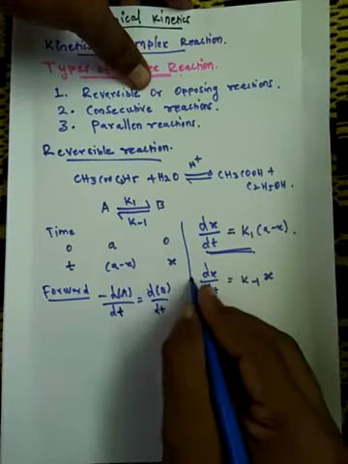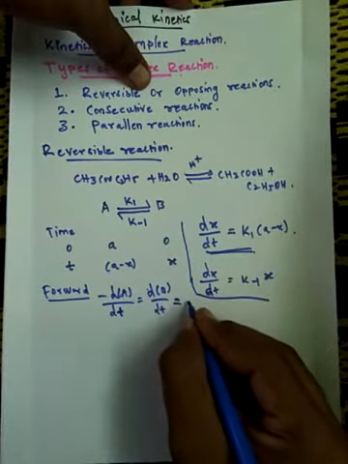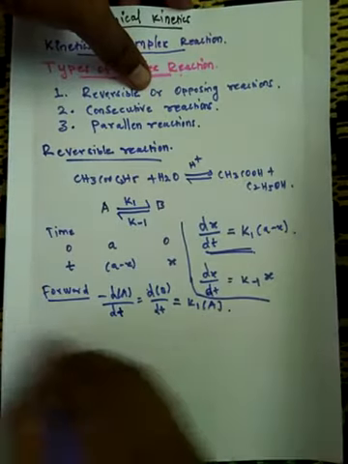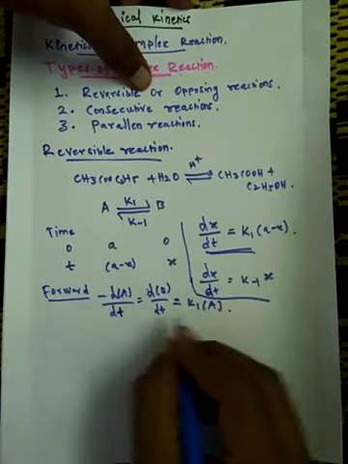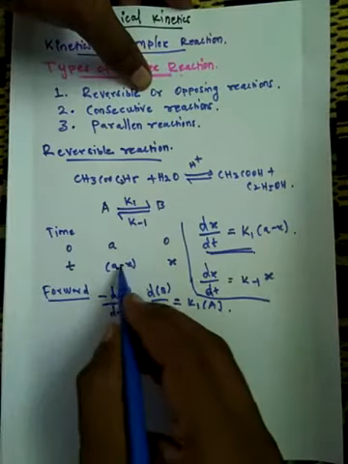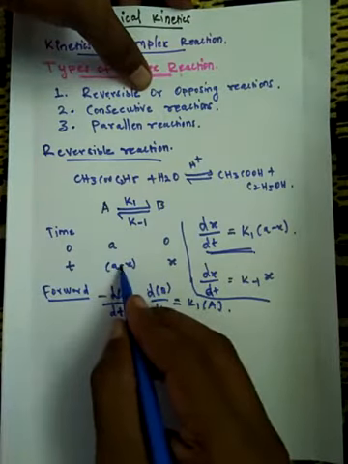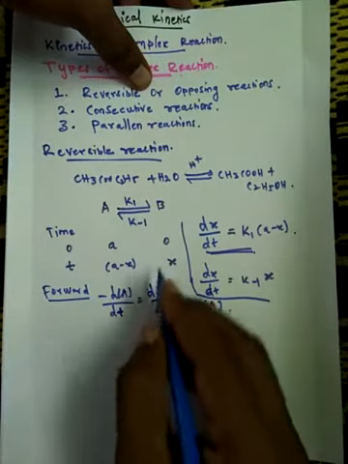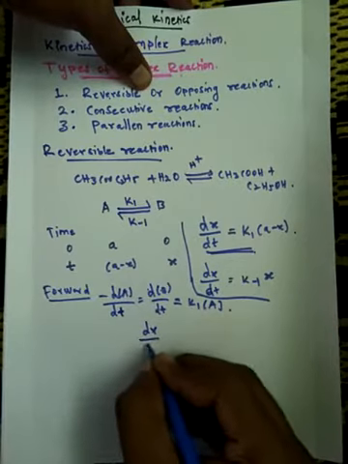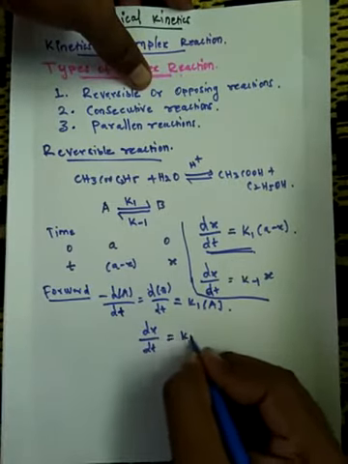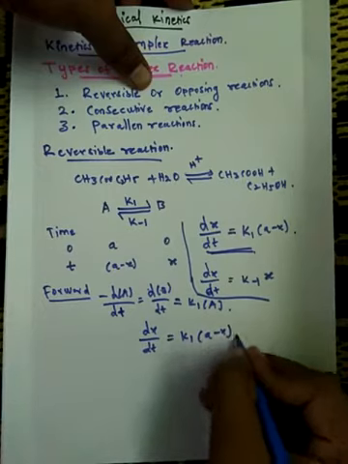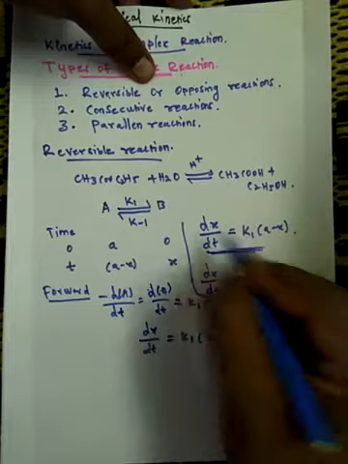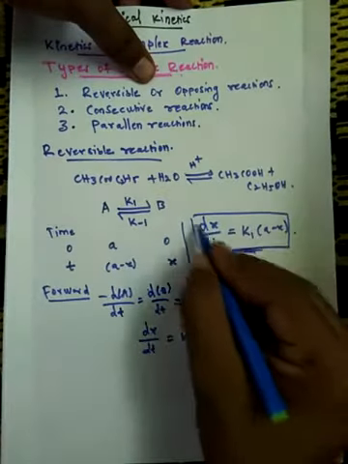This is how we define rate, equal to K1 concentration of A. So at time t, the concentration of unreacted A is A minus x, and the concentration of B is x. Therefore I write dx by dt equal to K1 and A minus x. That's what I have written here. This is the rate of forward reaction.